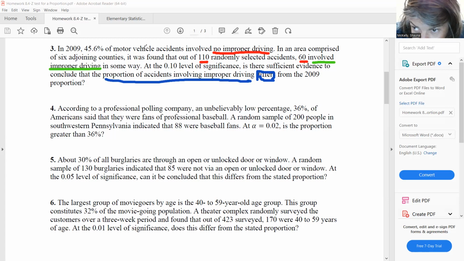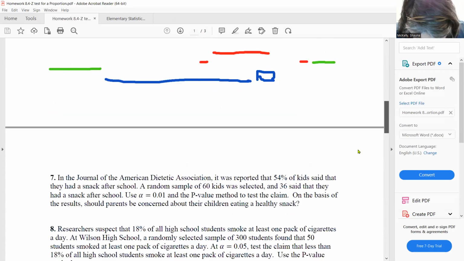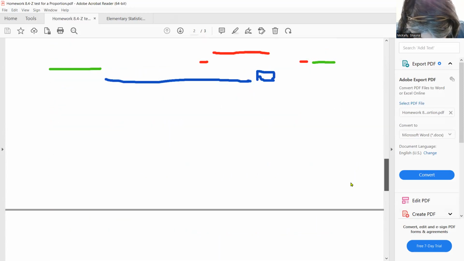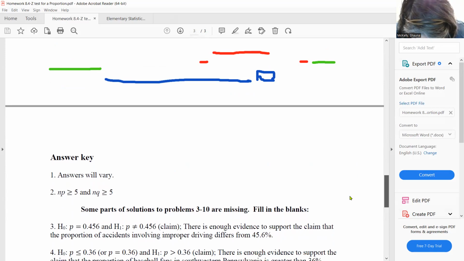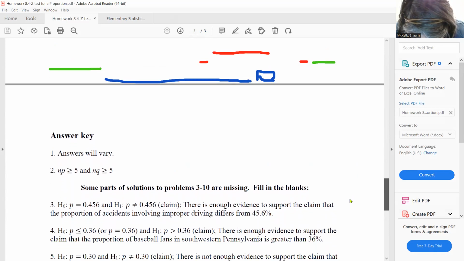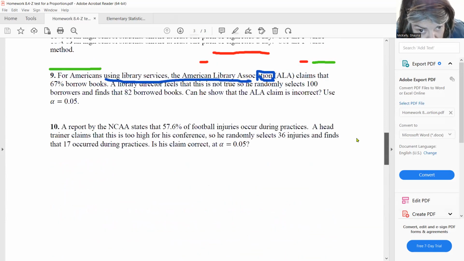Now I want to show you something here. I'm going to come back to this when we go down to her keys. Involves improper driving, okay?